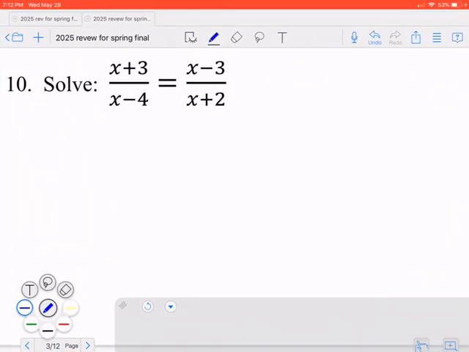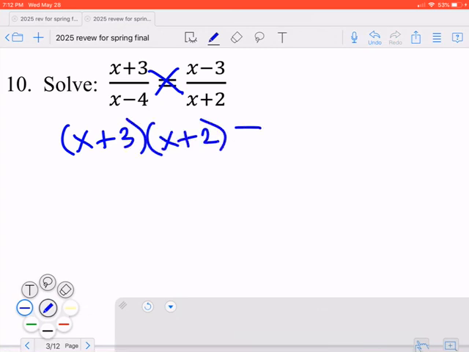So we're solving. And this one is a fraction equals a fraction. That's called a proportion. You can cross multiply. So x plus 3 times x plus 2 is equal to x minus 4 times x minus 3. And I'm going to FOIL that out.